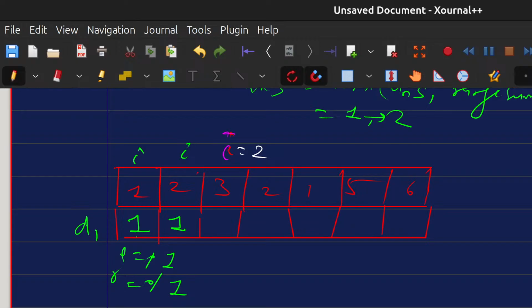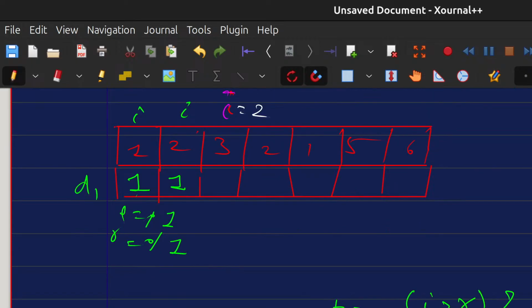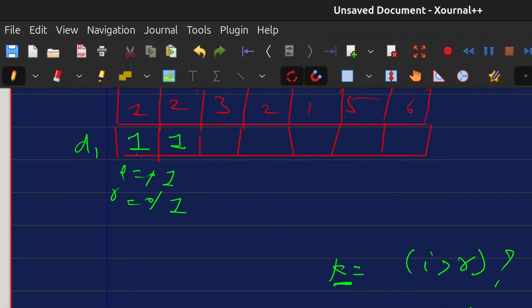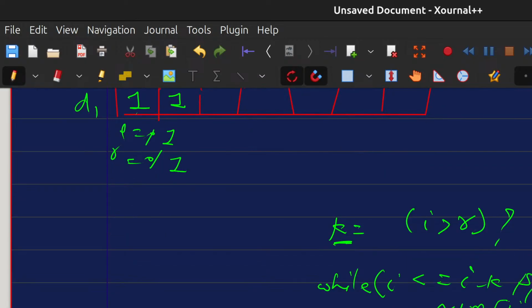Then K will be 1. So K is 1 here. Now while I is less than or equal to I minus K, I is 2. What is I minus K? K is 1, 2 minus K is 1. So is I less than that? No. So we will not do K plus plus.